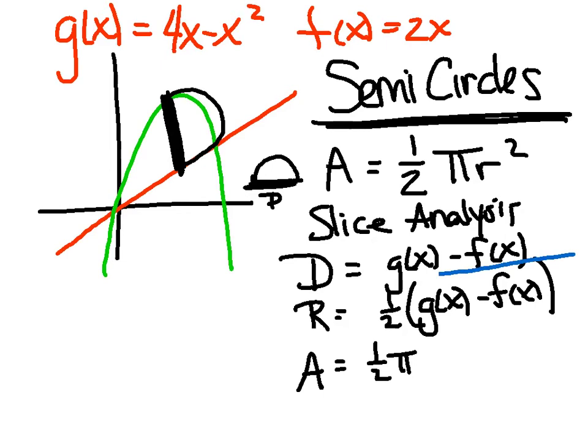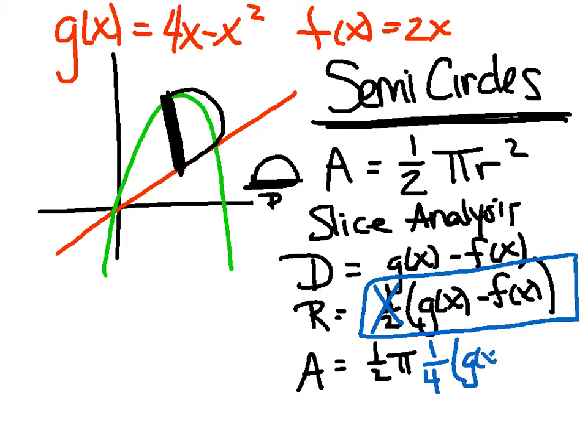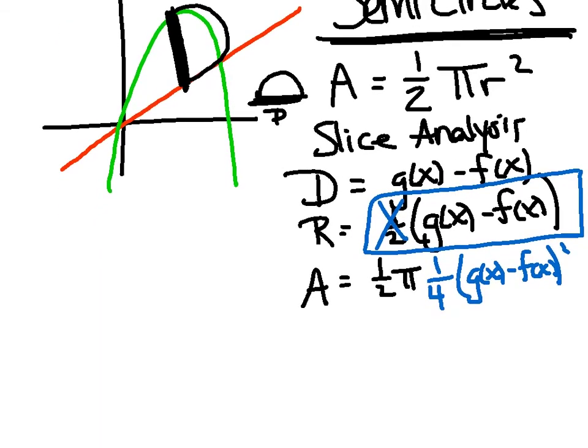So be careful, you're taking this term and you're squaring it. Well, if the 1/2 wasn't there, it would just be g of x minus f of x squared. But since the 1/2 is there, you're actually getting 1/4 g of x minus f of x squared. And if you clean that up, you are now actually getting 1/8 pi g of x minus f of x squared.